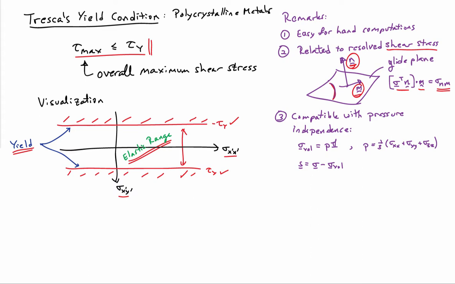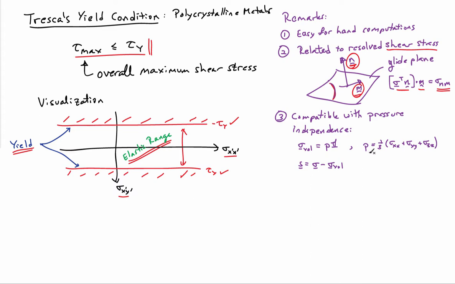The other thing that's important about the Tresca yield criteria is that it's compatible with another experimental observation, and that observation is that yield in metals, polycrystalline metals in particular, at say normal temperatures, ordinary things like room temperature, is independent of the pressure that is applied to the system. And so let's just take a moment here to define what we mean by pressure.